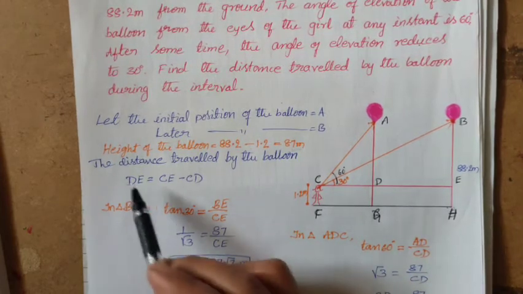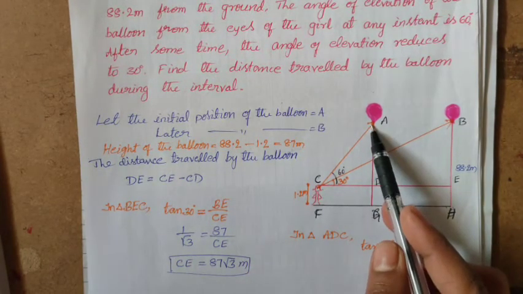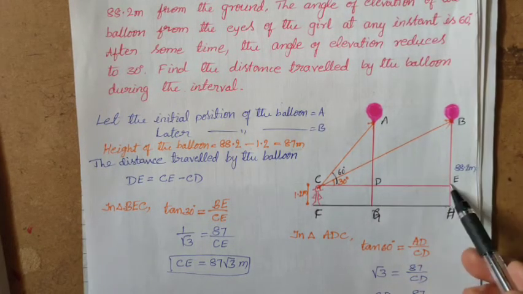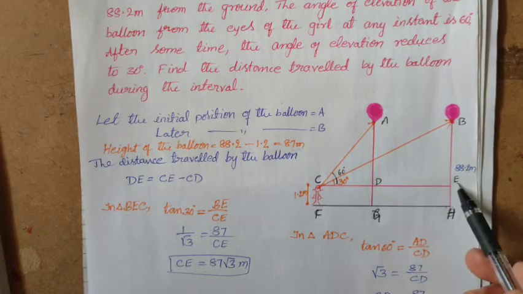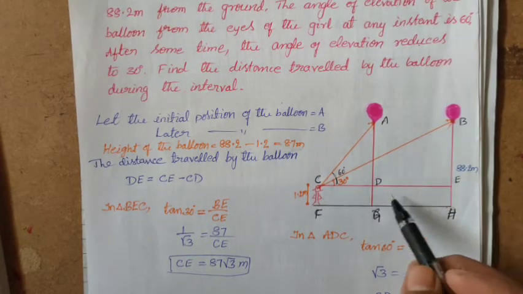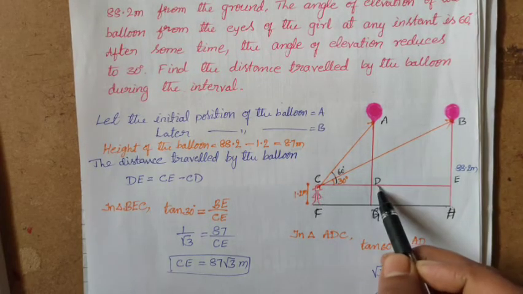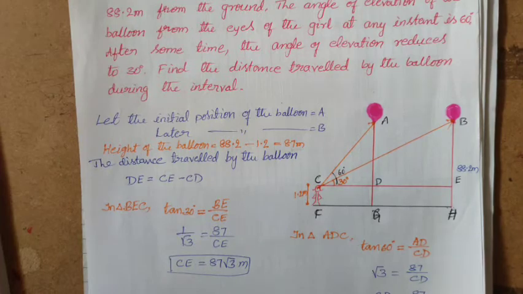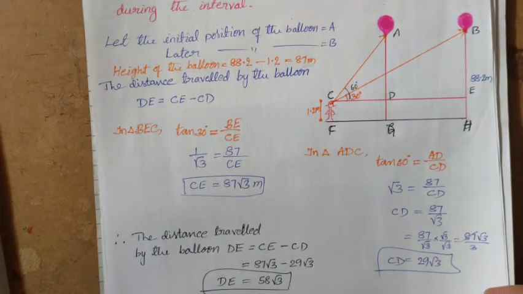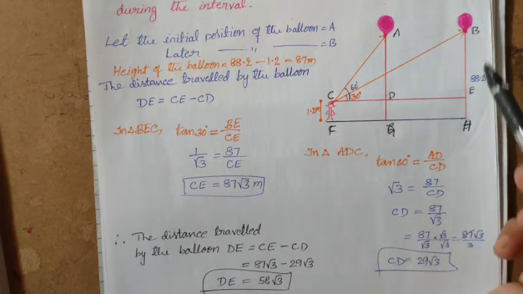What is to be found out? We have to find the distance travelled by the balloon. The balloon is here at some instant. After that, it moves to this position. So, what is the distance travelled? Yes. So, the distance travelled by the balloon from A to B is DE. D is nothing but CE minus CD. Now I can go into the calculation. Here, first we select the triangle BEC. Observe this one.